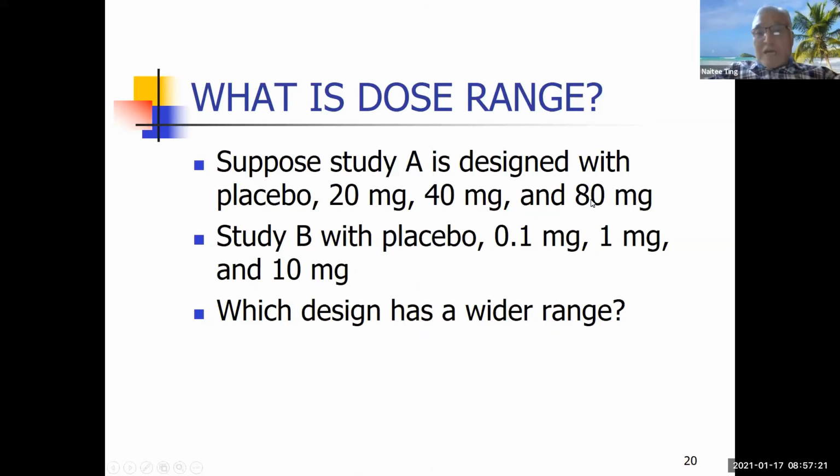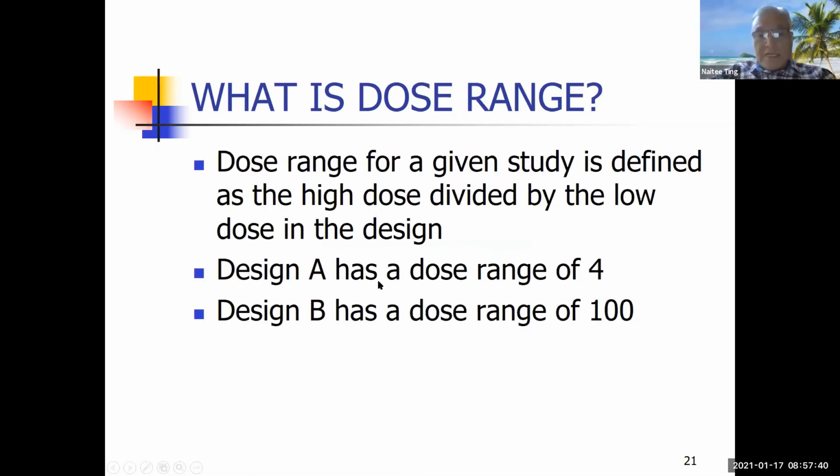Right, if you look at subtraction, 80 minus 20, you got 60. 10 minus 0.1, you got 9.9. Looks like this one is wider. No, that's from subtraction. But by division, 80 divided by 20 is 4. 10 divided by 0.1 is 100. So B has a much wider range. Design A has a range of 4. Design B has a range of 100. And I'll come back to you as to why we use division instead of subtraction.